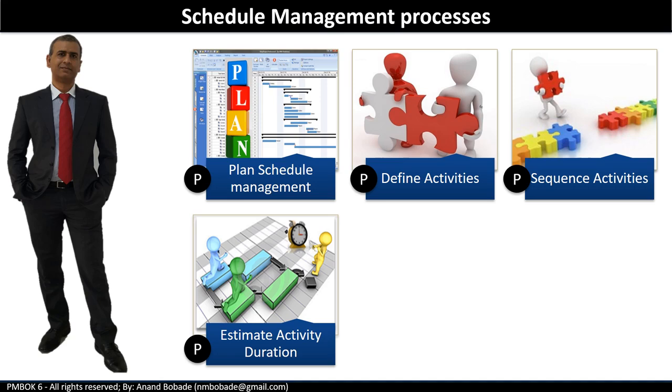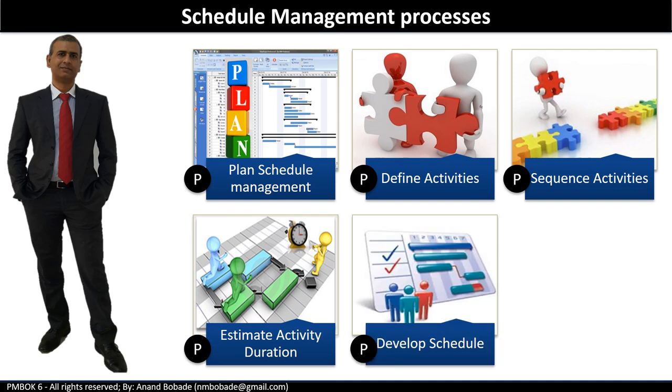Estimate activity duration, again under planning process group. It is the process of estimating the number of work periods needed to complete individual activities. Develop schedule, planning process group. It is the process of analyzing activity sequences, duration, resource requirements, and schedule constraints to create the project schedule model.